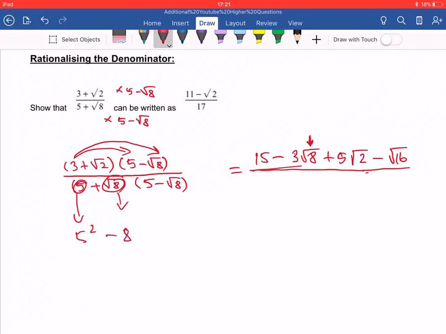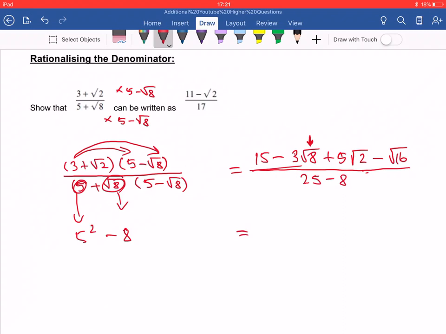This works all the time if you've got the same numbers but opposite signs in the brackets. If you're not comfy with this, just do 5 times 5, 25, 5 times minus root 8, and so on. It's like the difference of 2 squares, isn't it? Okay. Right, so we're doing 25 minus 8 on the denominator.